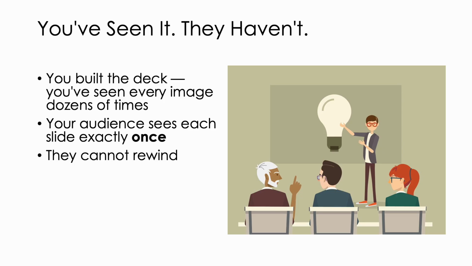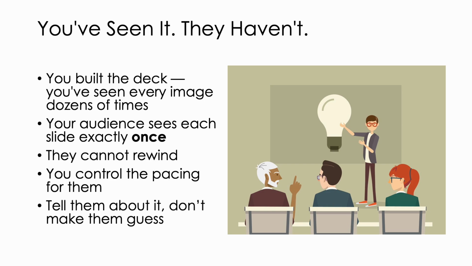And that means you control the pacing for them. Too fast, they're lost. Too slow, and you lost them anyway, just to boredom instead of confusion. So 30 to 90 seconds. Keep it moving, but give them time to land. And when you present your visual aid, introduce it as you show it and point to what matters. Keep your eyes on your audience, not the screen.